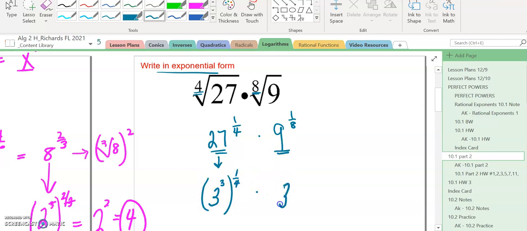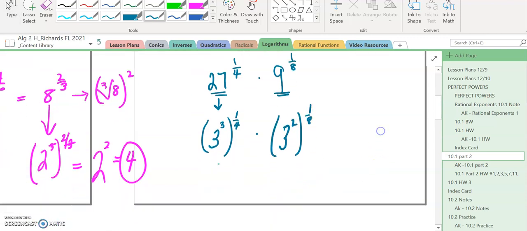And this is 3 squared to the 1/8. Then I'm going to clean it up. 3 to the 3/4, 3 to the 2/8, which then I'm going to cancel that out. And so this is 2/8, which I know is 1/4.